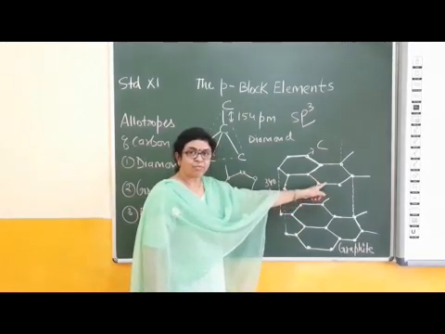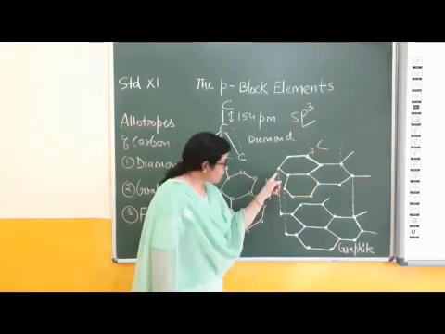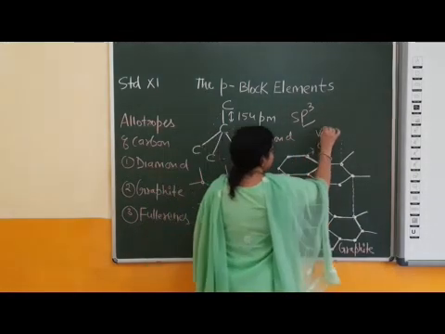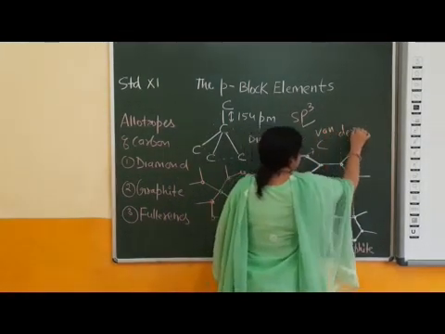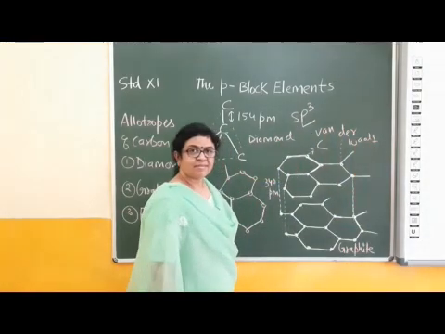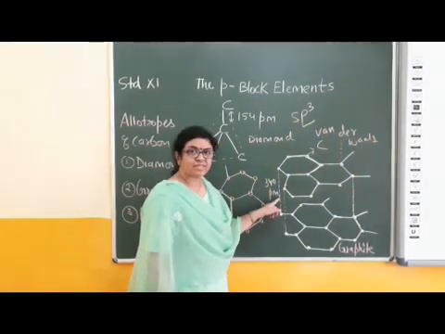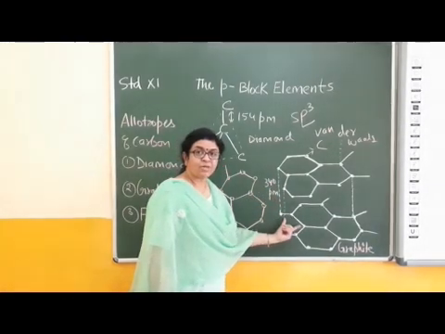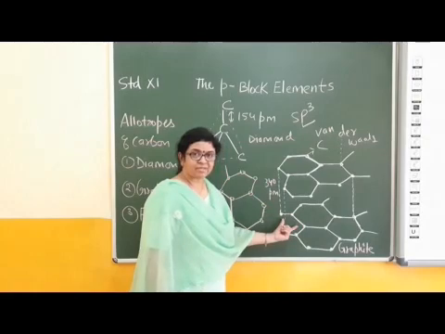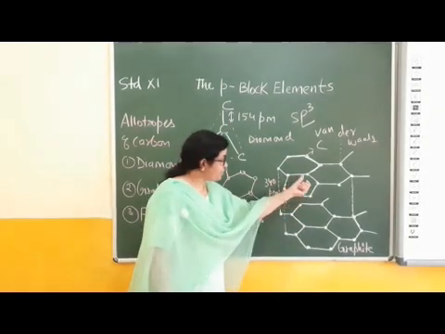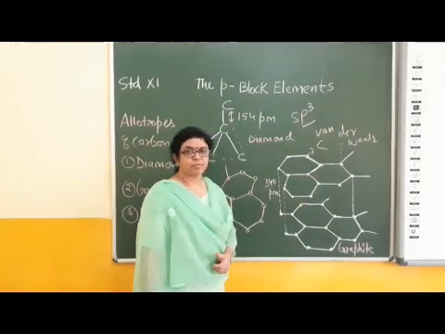The dotted line shows a weak force, which is van der Waals force. This force is present between layers of hexagonal rings of carbon atoms, and within the cyclic structure only one type of chemical bond is present, which is purely covalent.